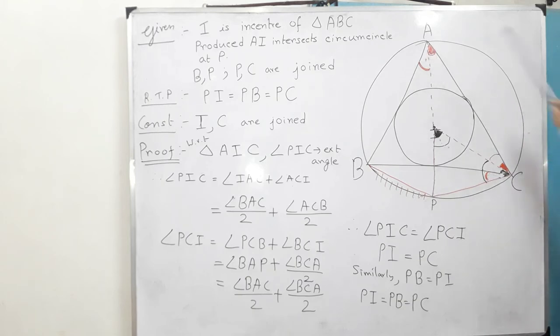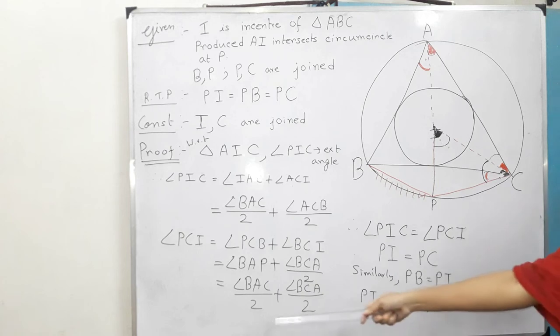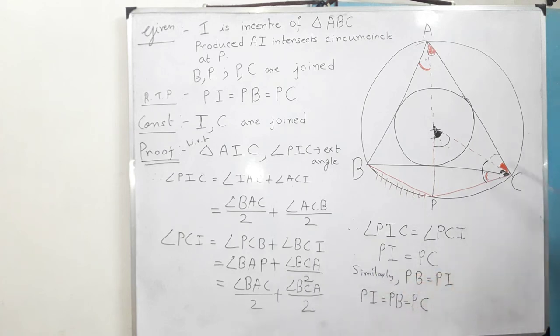Since these two are equal and this is half of the whole, this one is also angle BAC by 2, plus angle BCI, which is also half of the whole angle, angle BCA by 2. Since the right parts are the same, the left part will also be the same. And if in one triangle two corresponding opposite angles are equal, the corresponding opposite sides are also equal. That means PI equals PC.